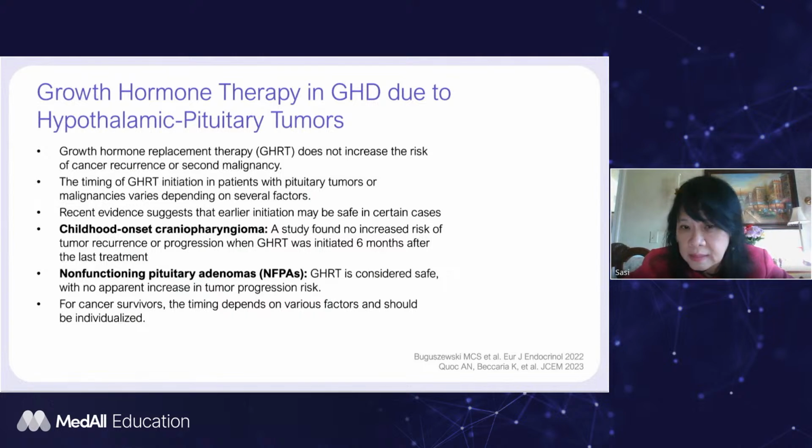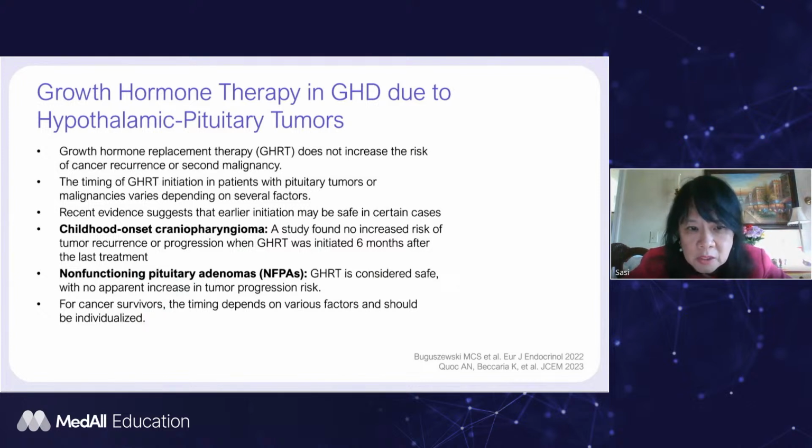We found that there's no increased risk of tumor recurrence or progression when growth hormone replacement therapy was initiated 6 months after the last treatments. In the past, we used to wait for a year, but now it's been shown that it's safe to initiate growth hormone 6 months after completing treatment.